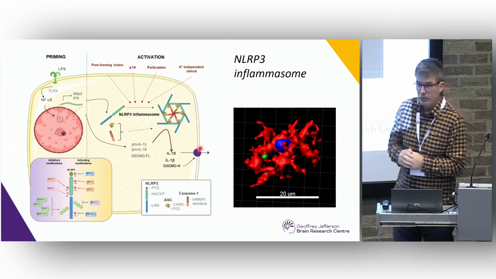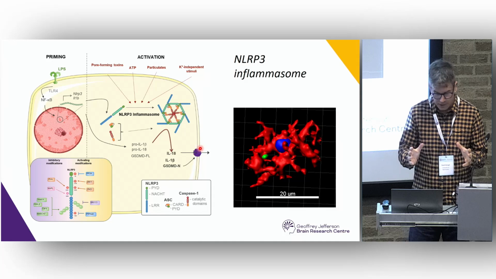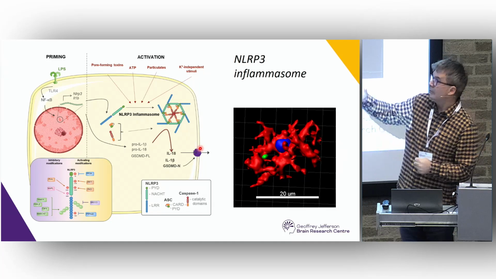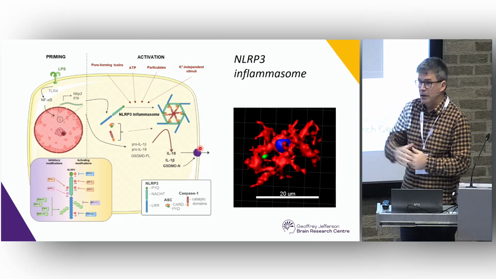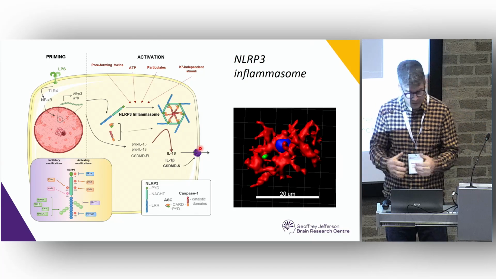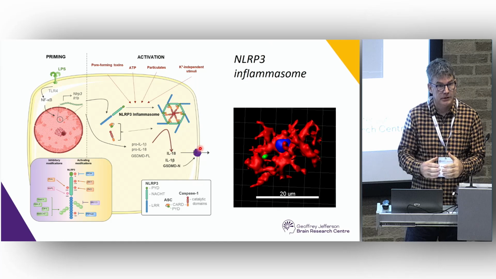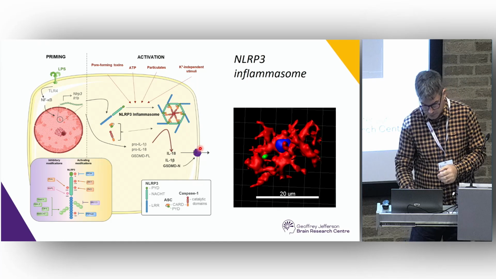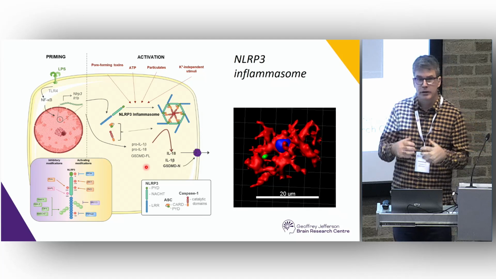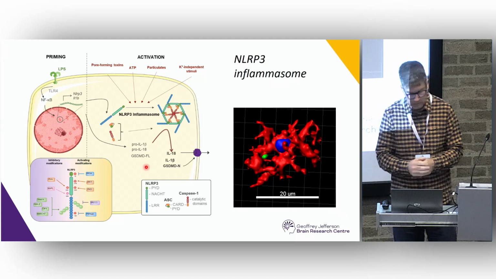The first step is a priming step, and this is where the cell, the microglia or the macrophage, senses the PAMP or the DAMP, typically through TLR signaling, and you get the induction of pro-inflammatory gene expression. This is typically NLRP3 itself, and members of the interleukin-1 family, interleukin-1 beta and interleukin-18, which are expressed as inactive precursors.